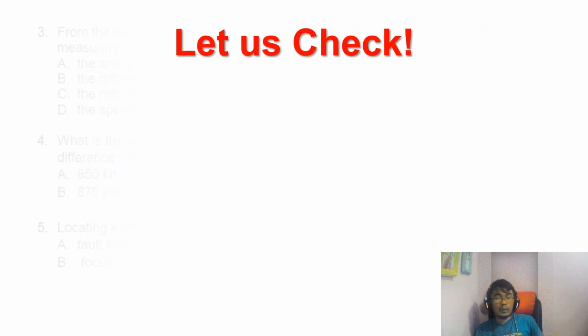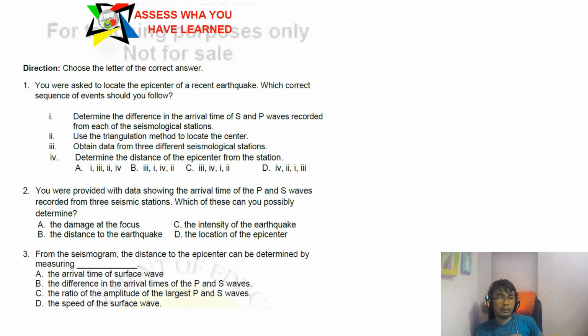Now, let's try to check. Ano yung sagot sa number 1? Ano yung correct sequence? Of course, that's letter B. 3 muna. Kailangan ng data sa 3 stations. And then, kukunin mo na yung difference ng arrival time ng P at ng S. And then, makukuha mo na yung distance ng epicenter.